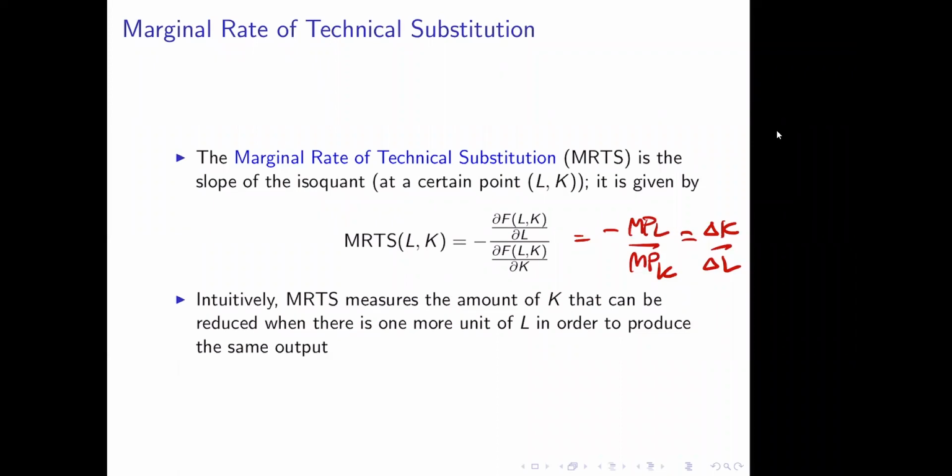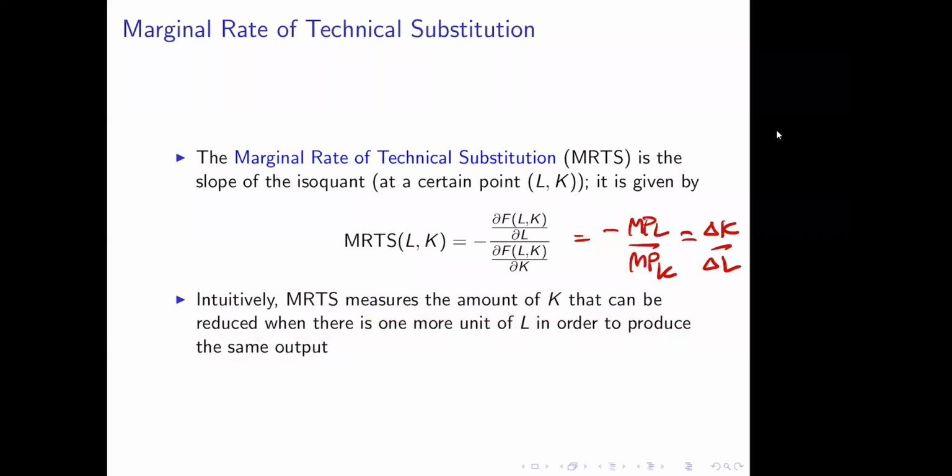So let's say that in the exam or the problem set, instead of asking you to compute MRTS or the slope of the isoquant, I ask you: compute the amount of K that can be reduced when there is one more unit of L. By asking you this question, I pretty much just asked you to compute the slope of the isoquant, because these are just the same thing.